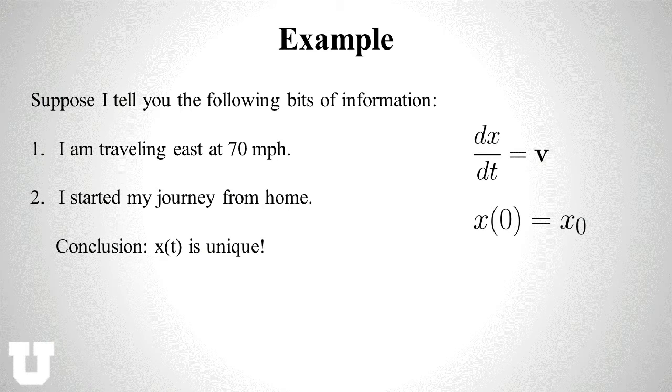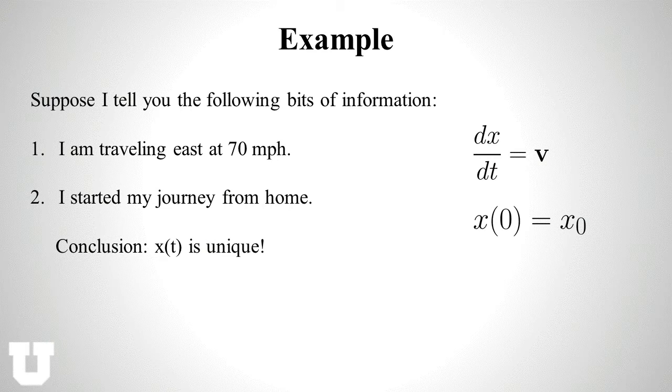And given those 2 bits of information, then you could presumably deduce that my position throughout all time, my x of t, is in fact unique. I haven't necessarily told you how to solve for that function, but you know it exists, and there's one and only one possible solution that would satisfy these 2 conditions. So in a sense, that's just the Helmholtz theorem in a very simplified one-dimensional version.